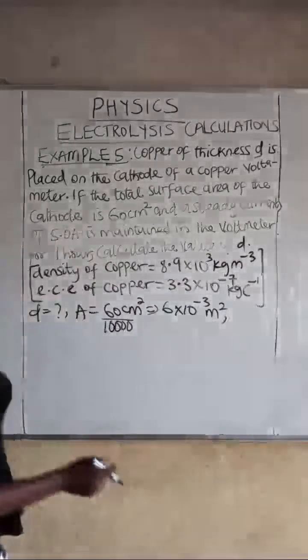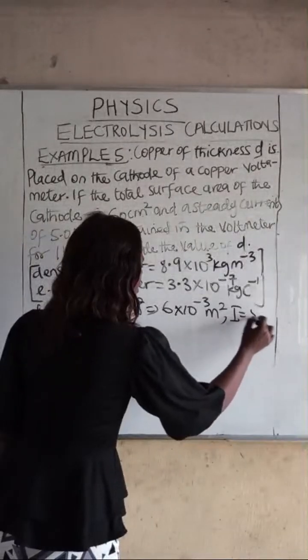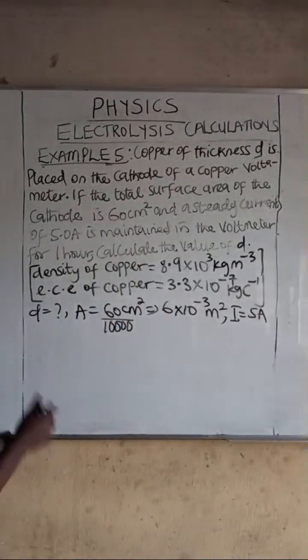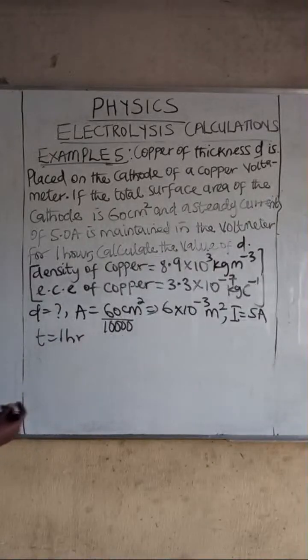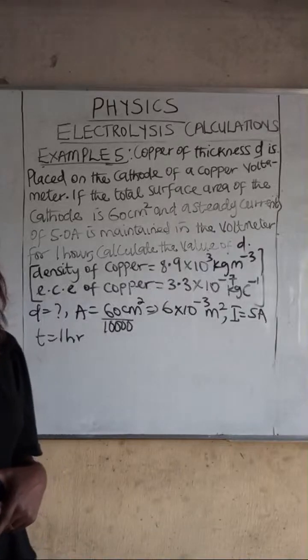Then I was given current of 5 amperes. That is I is equal to 5.0, which is 5 amperes. And time is given as 1 hour. Now you have to convert this hour to seconds, okay? Then we have 60 minutes make 1 hour.